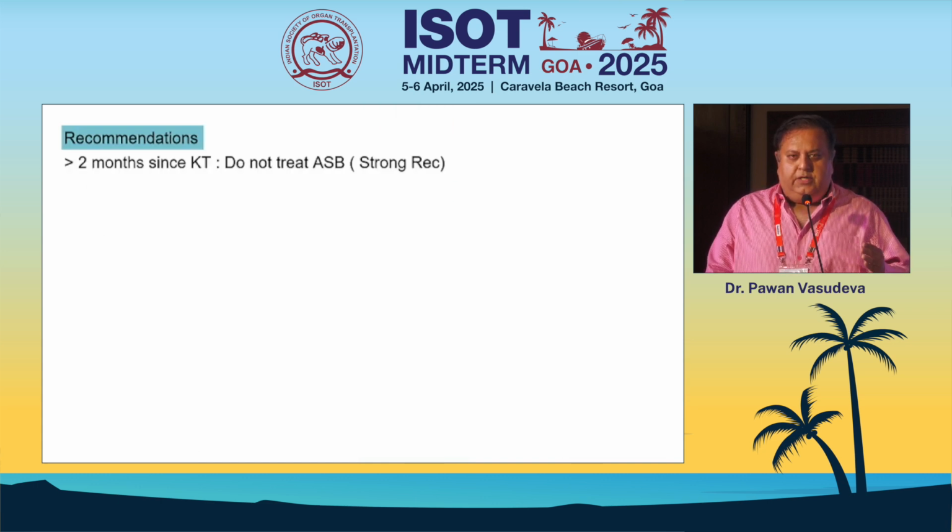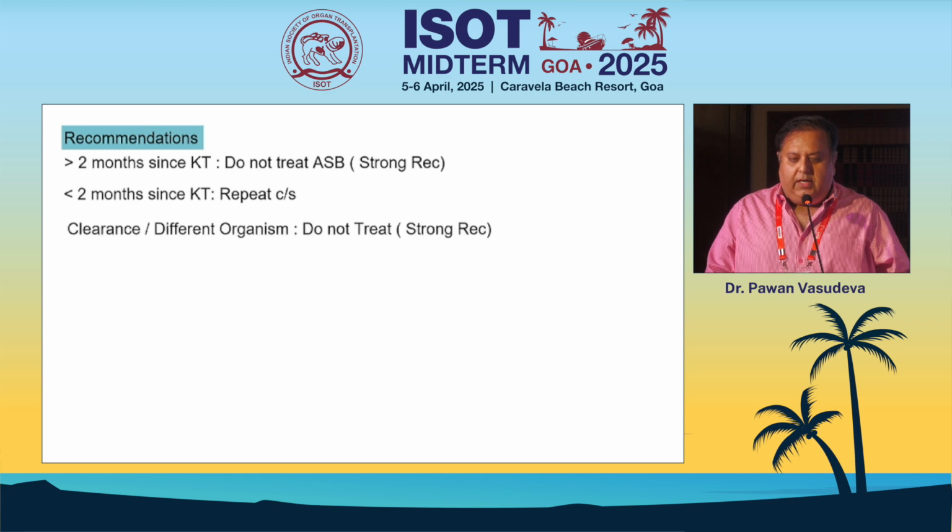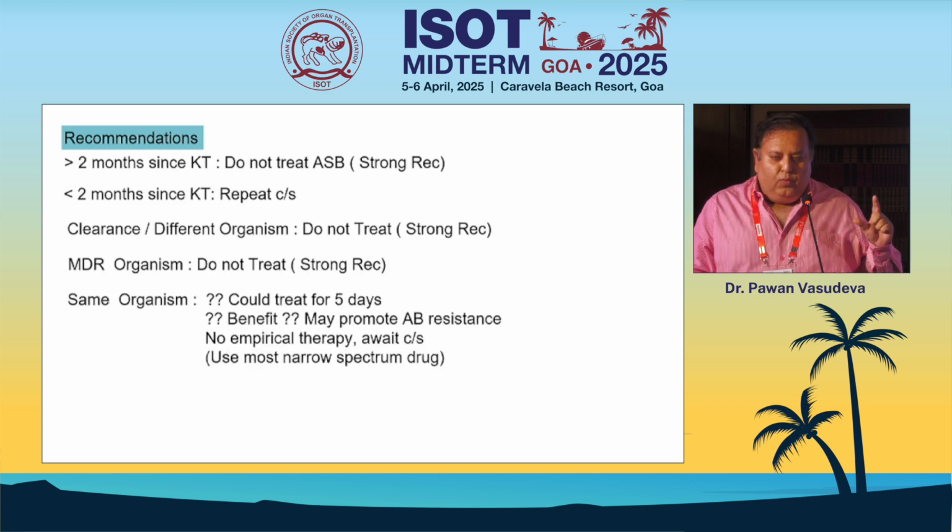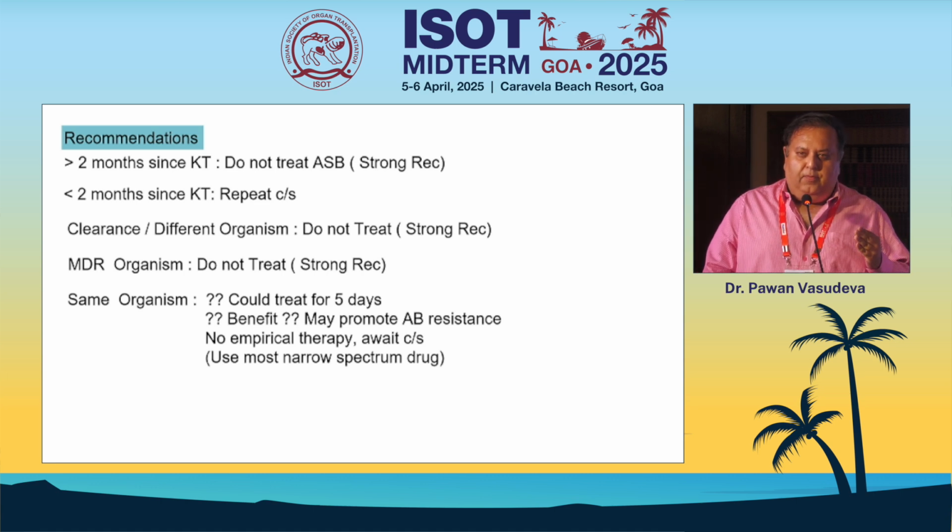If your transplant patient is more than 2 months out, do not treat asymptomatic bacteriuria. If less than 2 months, you will repeat the culture. If you get a different organism, or if the organism has cleared, do nothing. If you get a multi-drug resistant organism, again do nothing. If you culture and you get the same organism, whether to treat or not to treat is a personal choice.